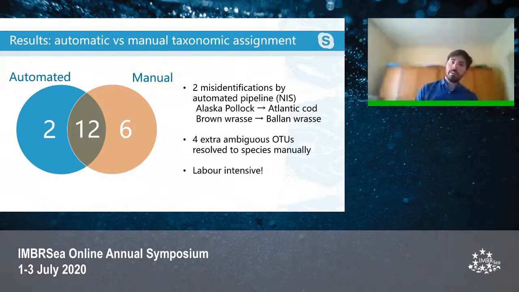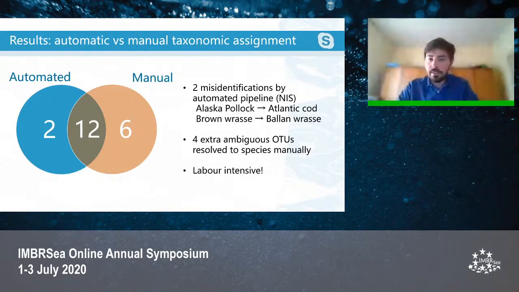Then if we compare the automated and manual taxonomic assignment methods, we can see that the automated way finds 2 unique species and manual 6, with 12 species overlapping. But the 2 unique species for the automated process were actually misidentifications of non-indigenous species, while it should have been 2 species that are actually present in Galway Bay.